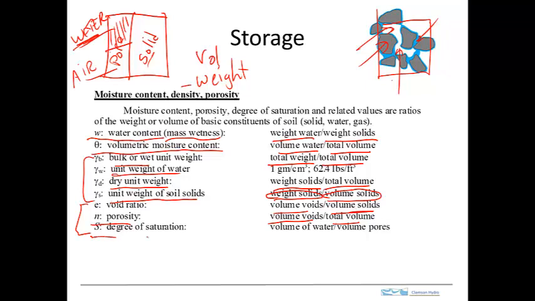And then the degree of saturation will be an important term in the vadose zone. It's the ratio of the volume of water to the volume of pores. So the saturation of 1 is a completely saturated material, and then as the material becomes unsaturated, we get a degree of saturation that's less than 1.